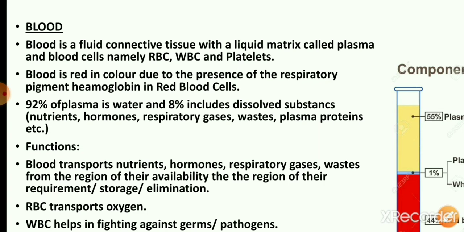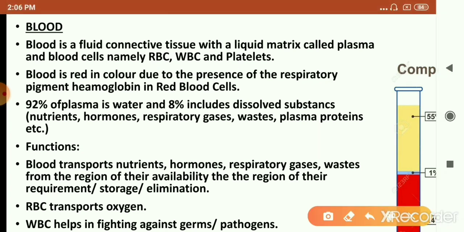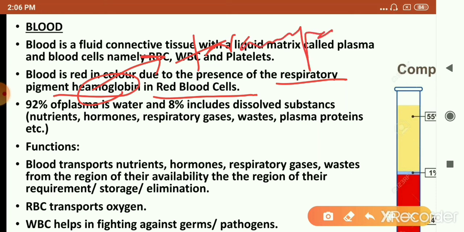Blood is red in color because of the presence of the respiratory pigment called hemoglobin that's present in the red blood cell, and the role of hemoglobin is that it transports oxygen. You all might be knowing it transports oxygen, right?